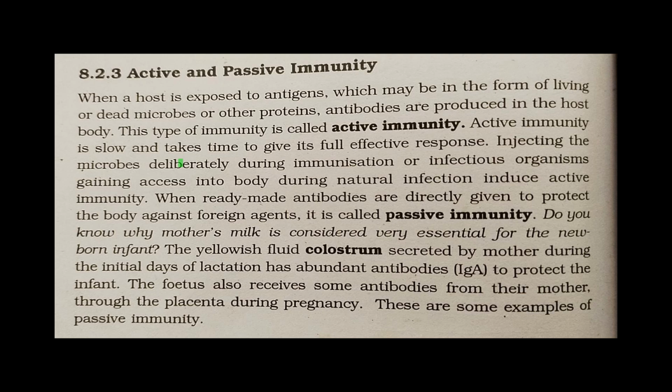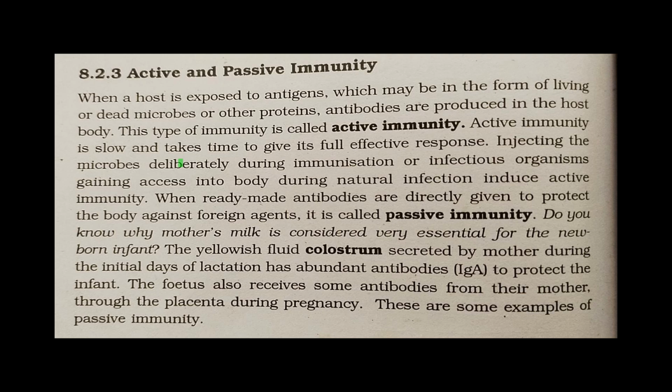Injecting the microbes deliberately during immunization, or infectious organisms gaining access into the body during natural infection, induce active immunity. When ready-made antibodies are directly given to protect the body against foreign agents, it is called passive immunity.